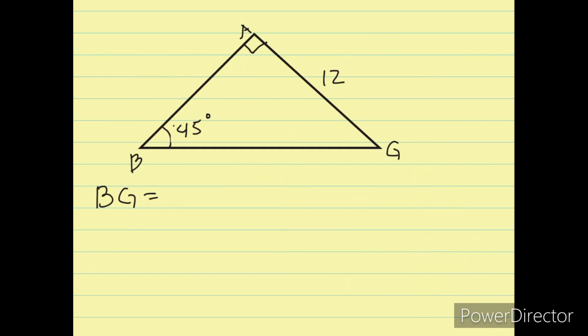Another example, if we have a triangle ABG and the measure of angle B is 45 degree and the length of AG is 12. So what is the measure of the length of BG, or the side BG? So sine 45 degree is equal to 12 over BG.